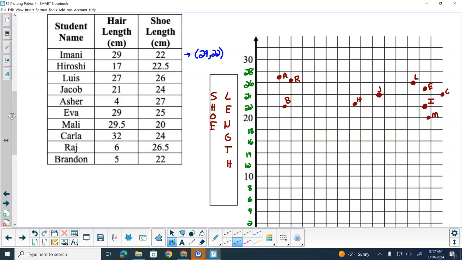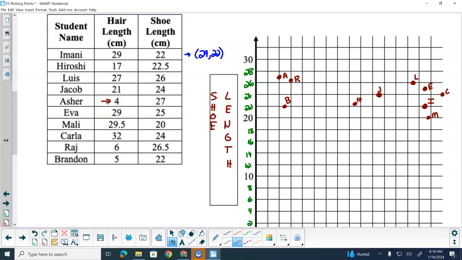We can look at our data chart in hair length, and we can say what number is the smallest if we want shortest hair, or what number is the biggest if we want longest hair. We look down this data line, and the smallest one is this one right here. So that would be the shortest one.